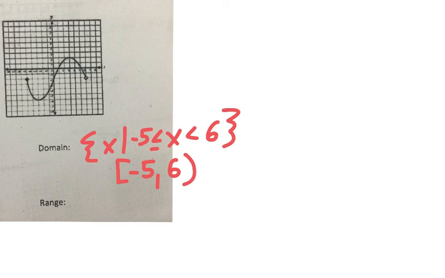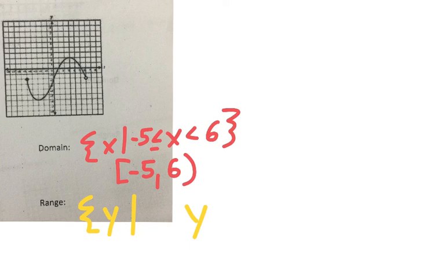When I look at the range, what's the lowest Y value the graph takes on? Where's the lowest point? That's like -6. The lowest value is right here. Y'all agree? It's the lowest y value. And that is -1, 2, 3, 4, -6.